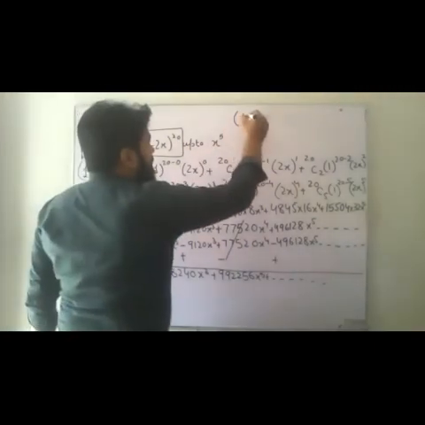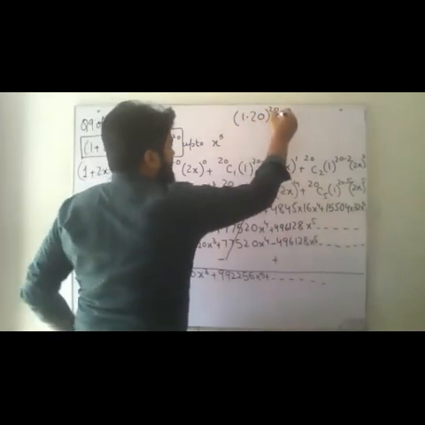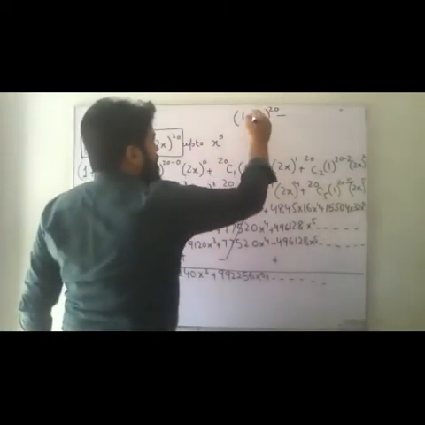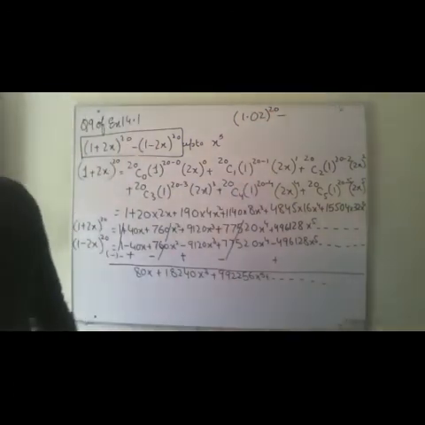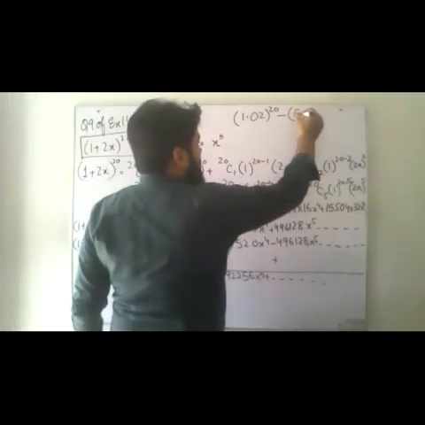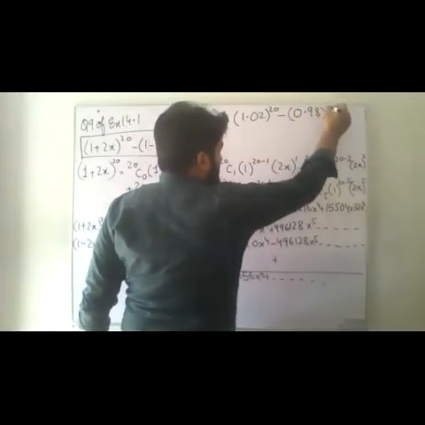Now, B part of the question is saying that we have to evaluate the value of 1.02 whole power 20 minus 0.98 whole power 20.